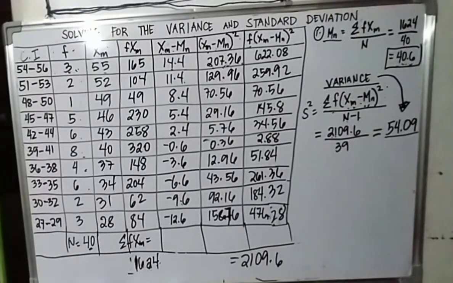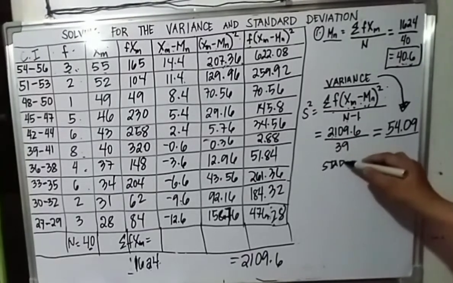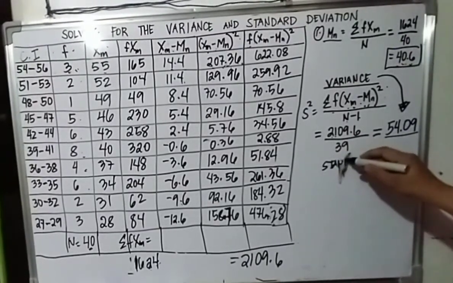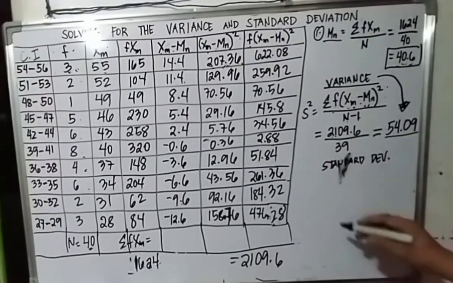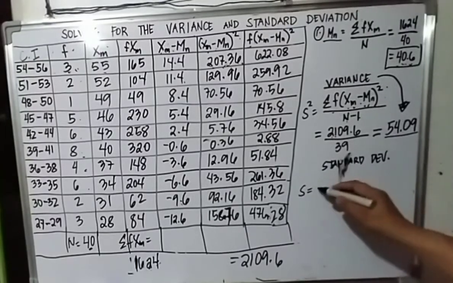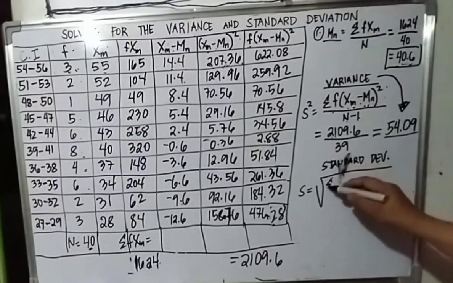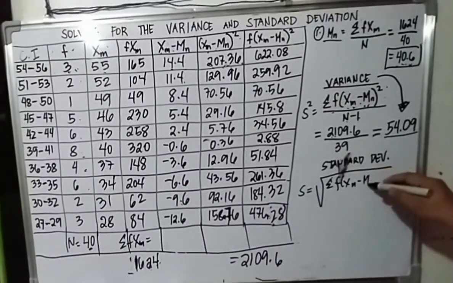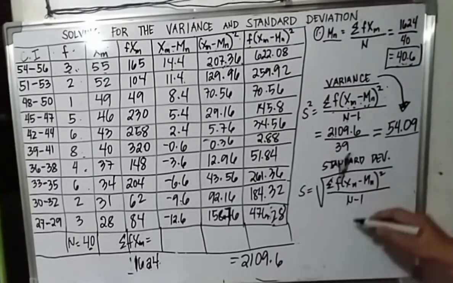Okay, how about standard deviation? So standard deviation, it is the square root of the variance. So formula, that is s equals square root of summation of f times x sub m minus mean raised to 2 over n minus 1.